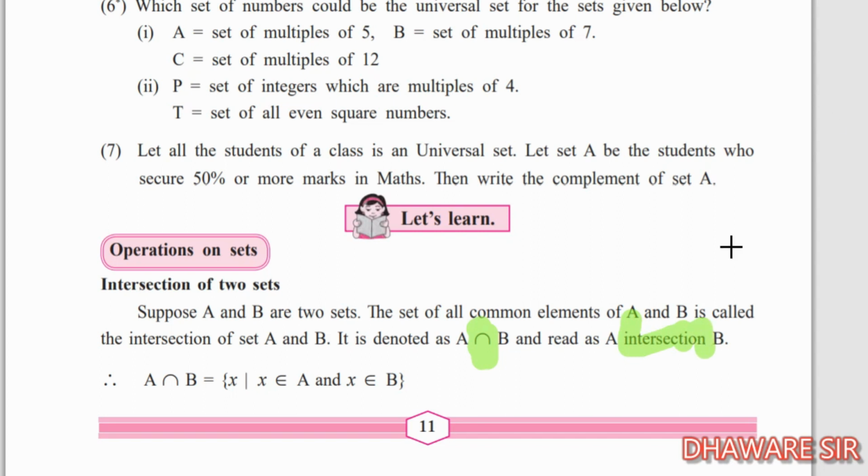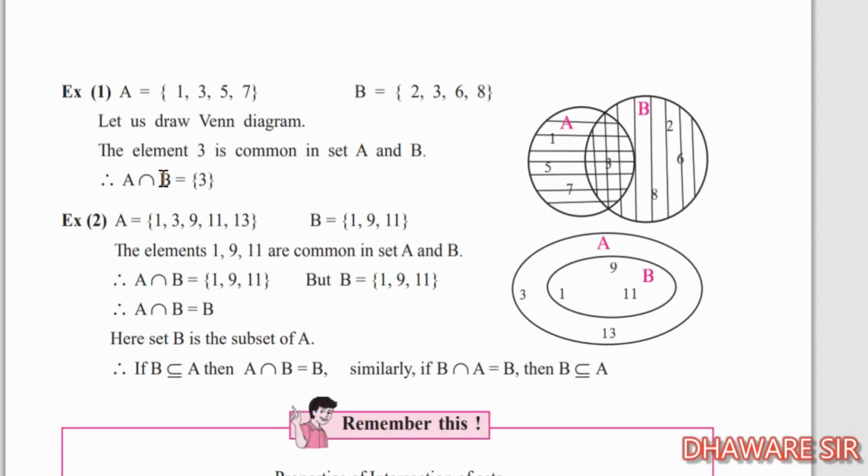We can write the symbol also. Now they have given us two examples. Just see, A is equal to 1, 3, 5, 7. So A has 4 elements, and B is equal to 2, 3, 6 and 8. So what are the common elements? Let us see.